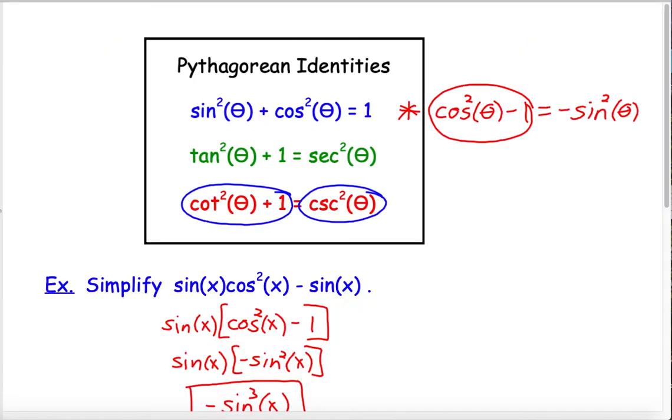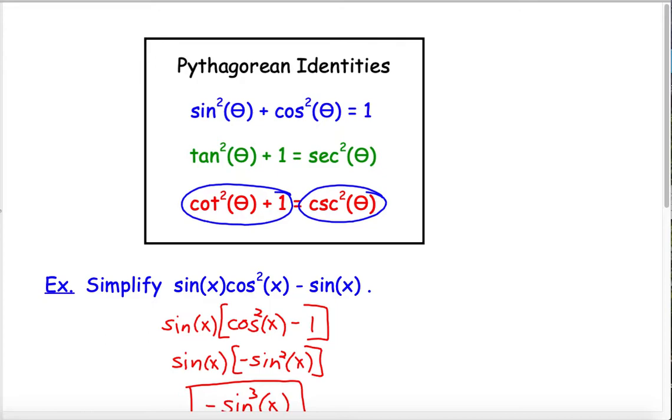Let's go back here. And let's look at this first Pythagorean identity. And if I move the sine squared to the other side, I'm going to have cosine squared is equal to 1 minus sine squared. So I'm going to replace in my problem the 1 minus sine squared with cosine squared.